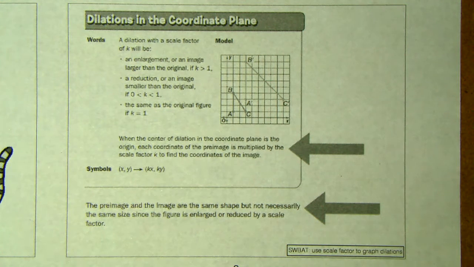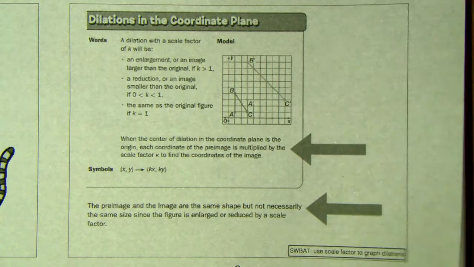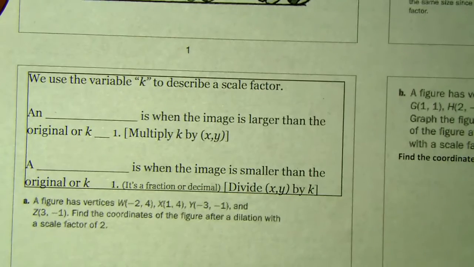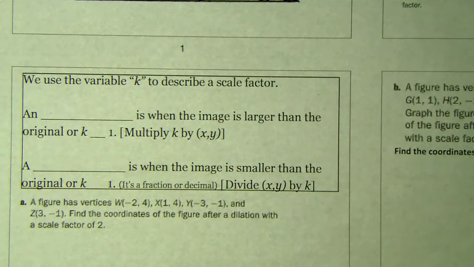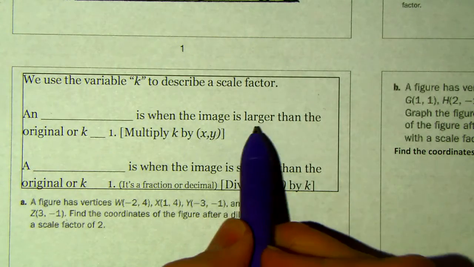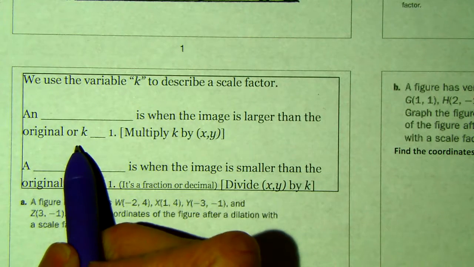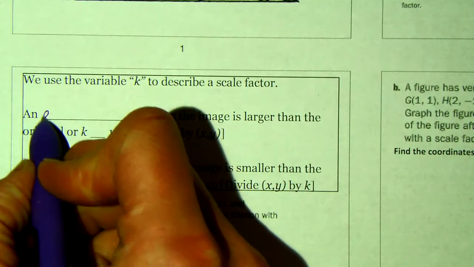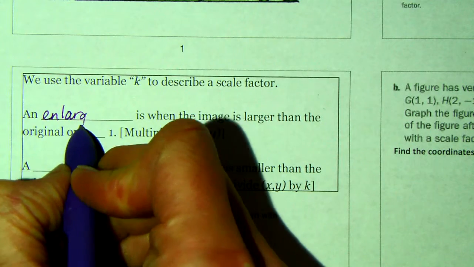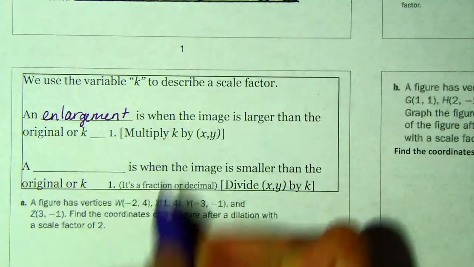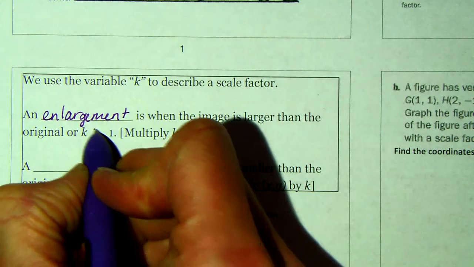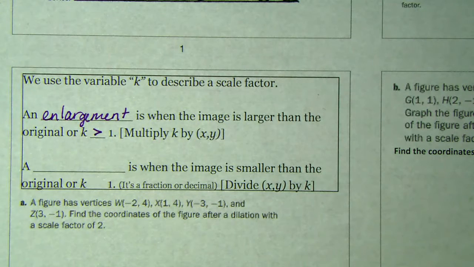Okay, so down here on slide number 3, it says we use the variable K to describe the scale factor. An enlargement is when the image is larger than the original. In other words, when K is bigger than 1, all we do is multiply K by both your X and your Y coordinates.